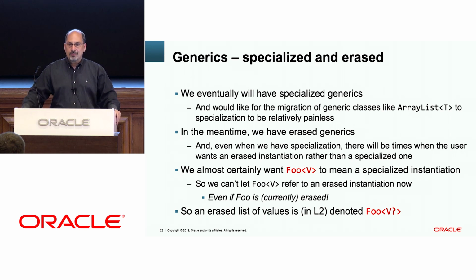Again, that may or may not be the ideal way to send that signal, but that's how it works for now, and that leaves room for Foo of V to mean specialized. So we're currently holding that syntax, so that it can't be used now, so that when it becomes valid later, we don't have existing utterances of Foo of V spontaneously changing their meaning.